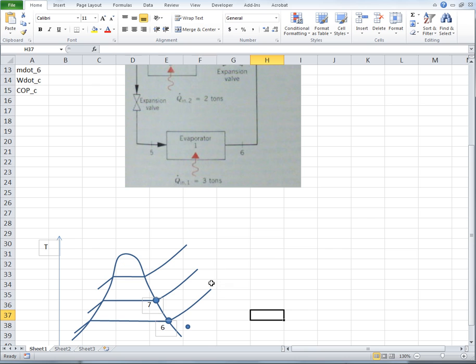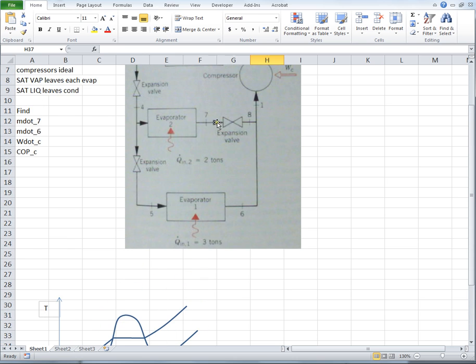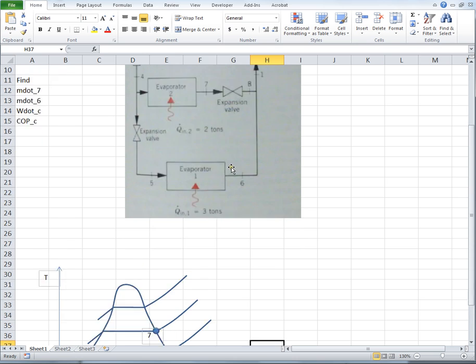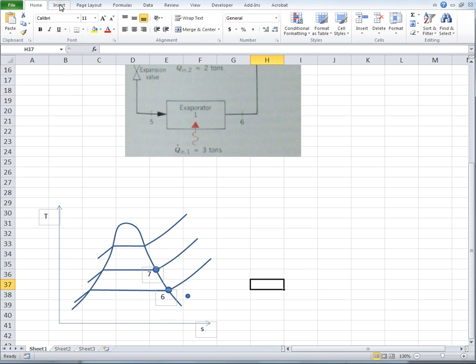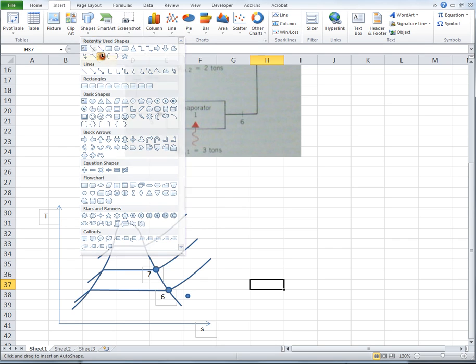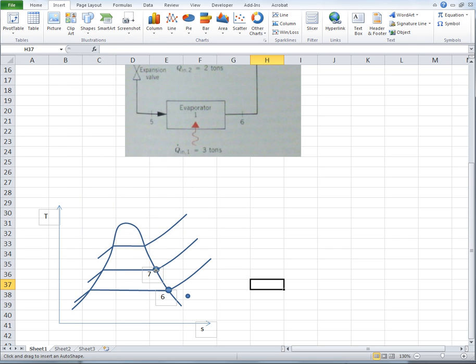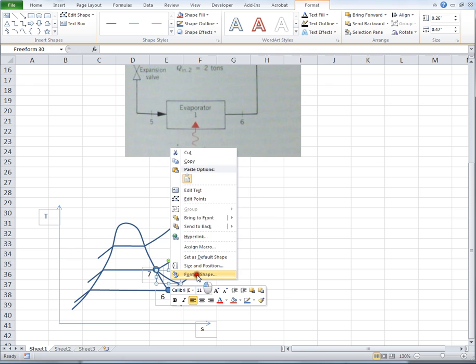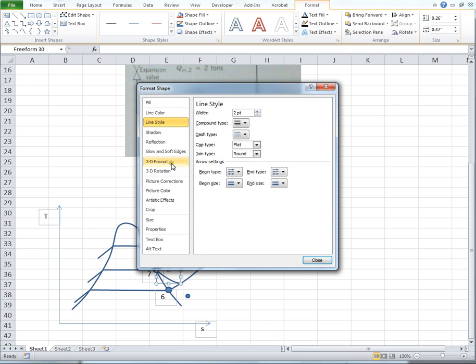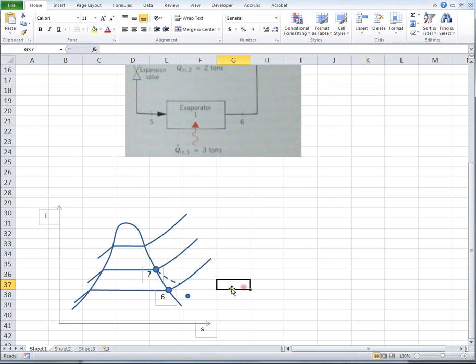Now, what happens between 7 and 8? Well, we have a constant enthalpy process. And I don't quite know what a constant enthalpy process looks like on here, but I do know that it's going to increase the entropy, and it's going to have constant enthalpy, as we said.